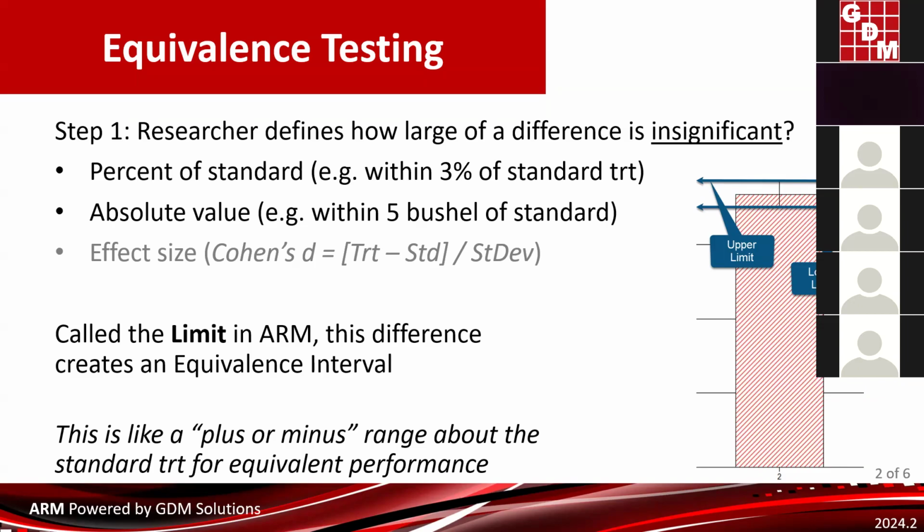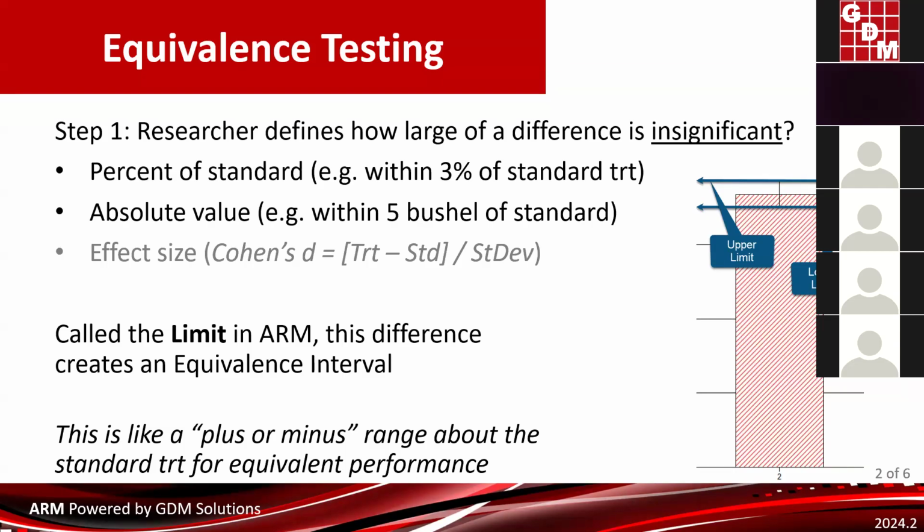That might be that product already out there that we're trying to compete against, for example. So we can calculate the difference just as a percentage of that standard. So maybe we want to land within 3% or 5% from that standard treatment.